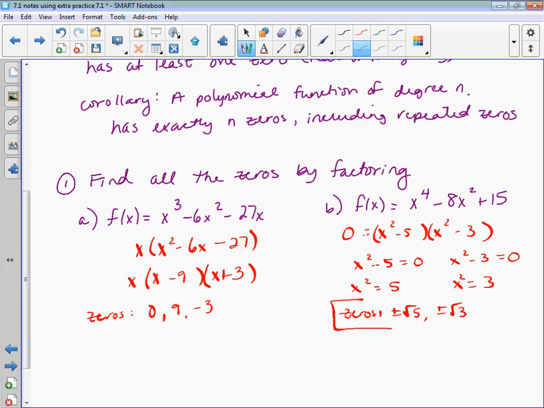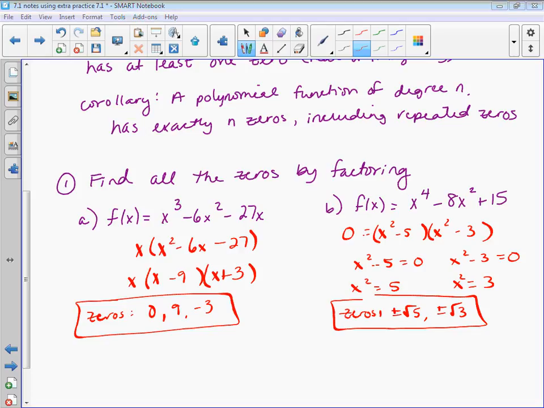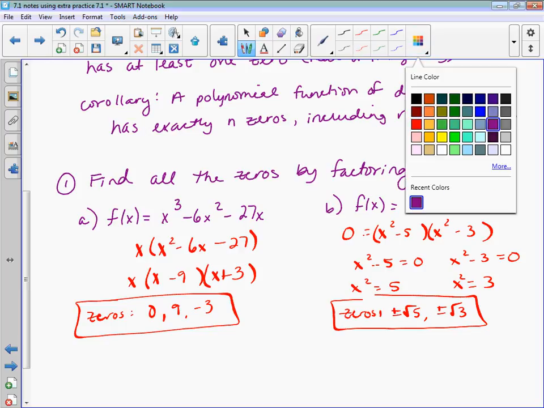You guys hopefully recognizing like, hey, I should have 4 solutions will help you not forget your plus or minus. Good so far, guys? Easy? You remember stuff? Sort of?